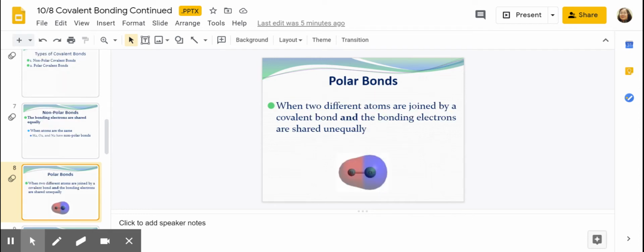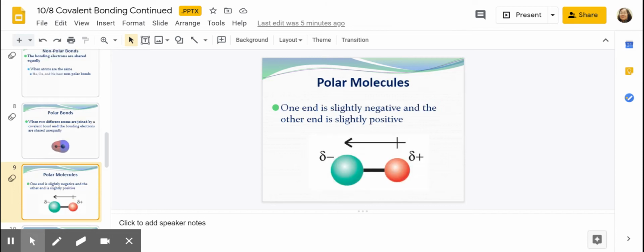Okay, the other type is when they share unequally. When these two atoms are different and one is stronger, the electrons would prefer to move around the stronger one more. So we call it, they're sharing unequally, polar bonds. A typical polar bond would look like this.